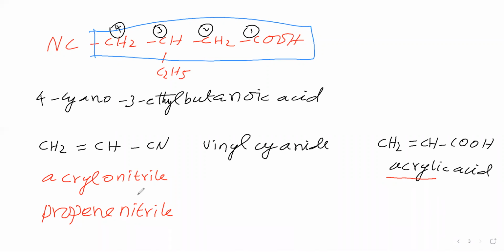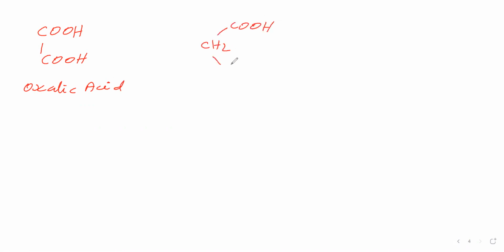We will see some dicarboxylic acids. Dicarboxylic acids means COOH groups are present 2 times. This is called oxalic acid. Next, CH2 with two COOH groups.